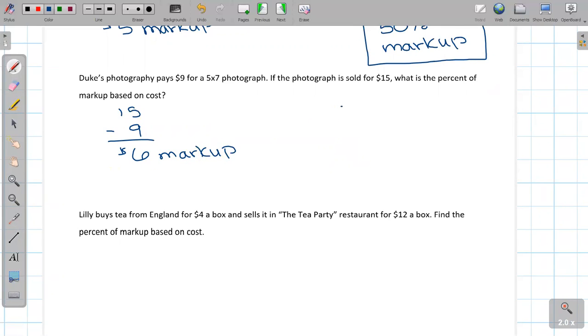So we're going to take our markup, $6, and divide it by what it actually costs, which is $9. So $6 divided by 9 gives us 0.6666. Change that to a percent, move the decimal over 2, we get 66 point, and we're going to round to 67% markup.